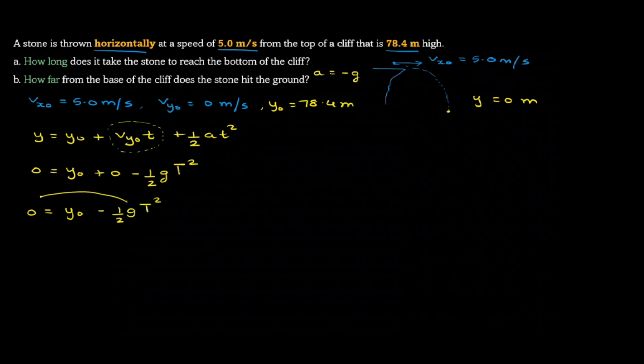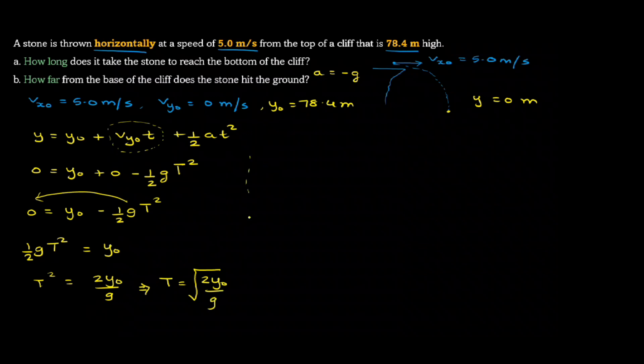Move this half gt squared to the other side. So you get half gt squared equals y0. Now multiply with 2 and divide by g to get t squared equals 2y0 over g. Now take the square root. T will be equal to square root 2y0 over g.